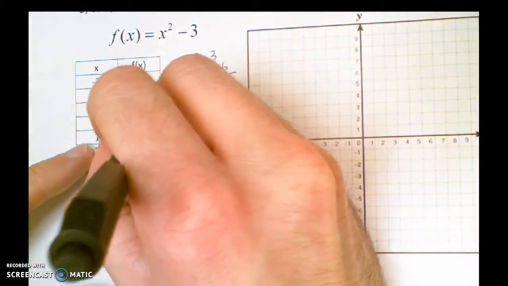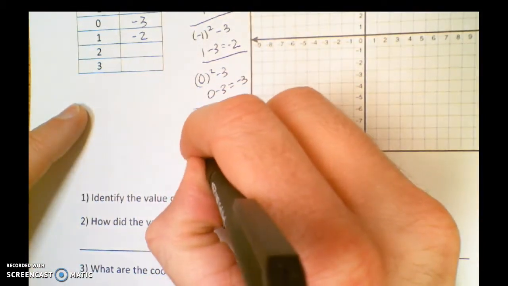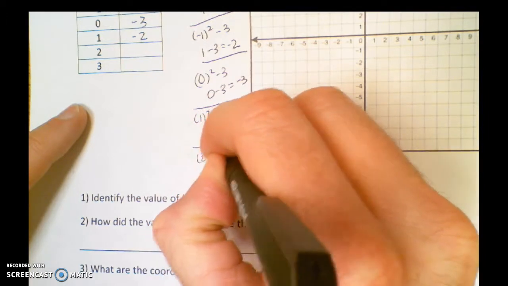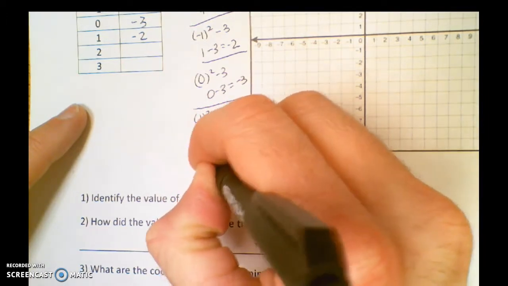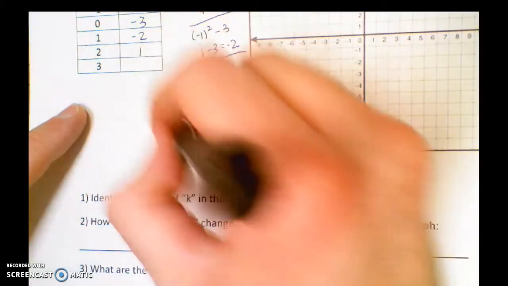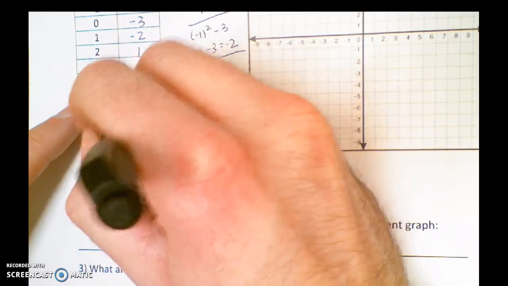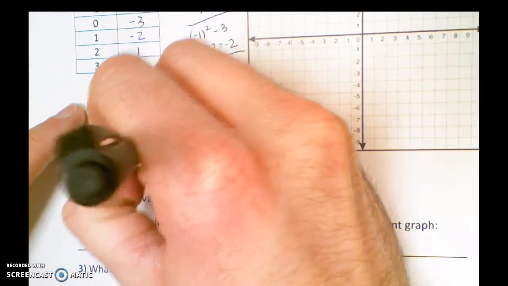Minus 3 is -2. Plug in 2. 2 squared is 4. Minus 3 gives me 1. And then finally, plugging in 3. 3 squared is 9, minus 3 is 6.